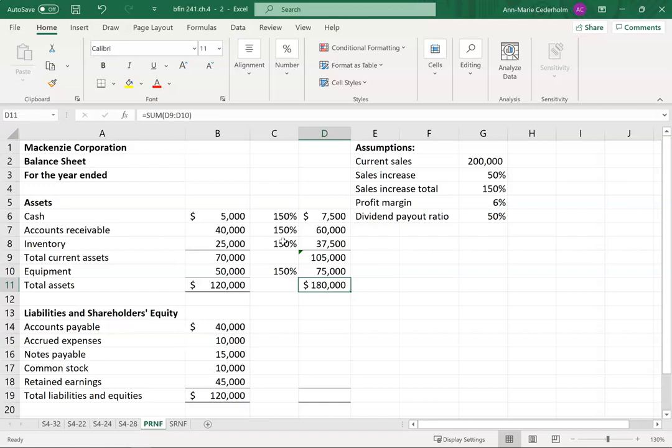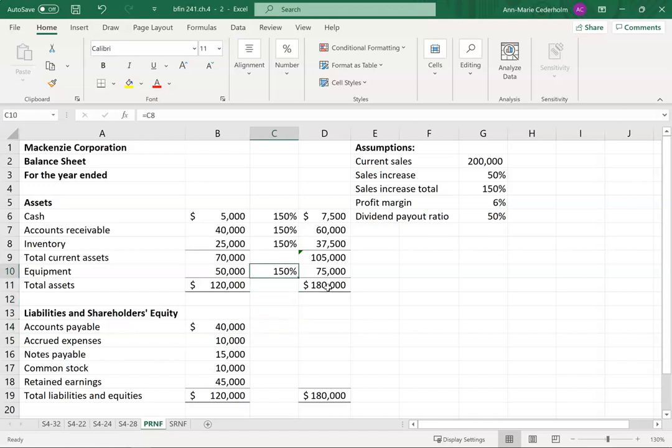Now, just from working with balance sheets, and because you already know the accounting equation where assets equals liabilities plus shareholders' equity, I know my new balance sheet for my total liabilities and equity has to equal $180,000. So those two equal. So I'm going to go through the same process with my liabilities. I'm going to look at all of my current liabilities, and under this method assume that those are also going to increase with the increase in sales.